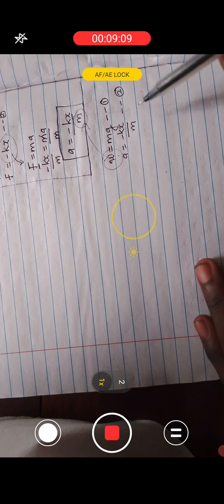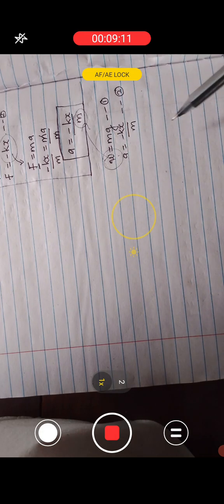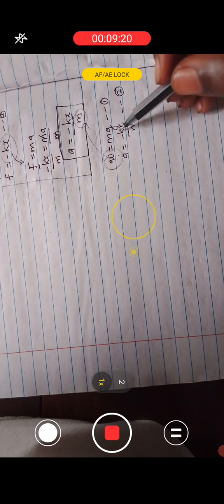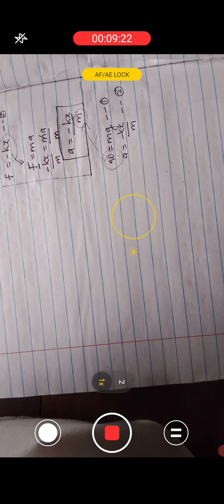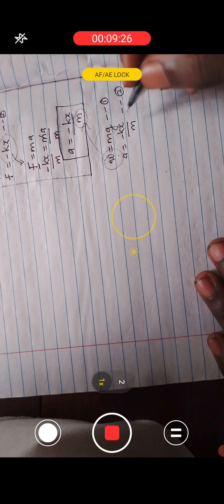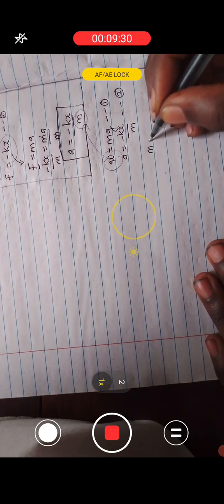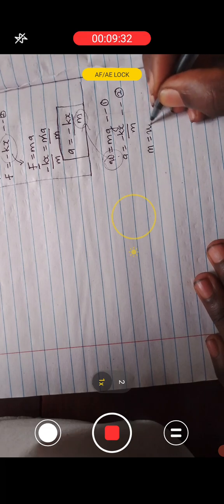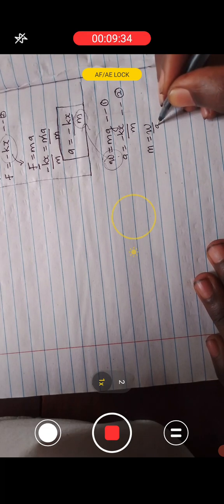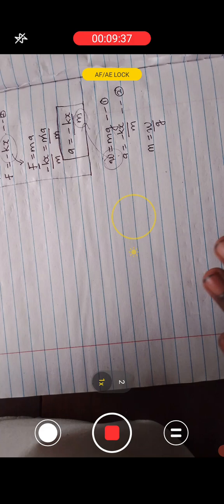So here, since we want weight, we can make mass the subject of the formula in equation 1. If you make mass the subject, mass is equal to weight over gravitational field.